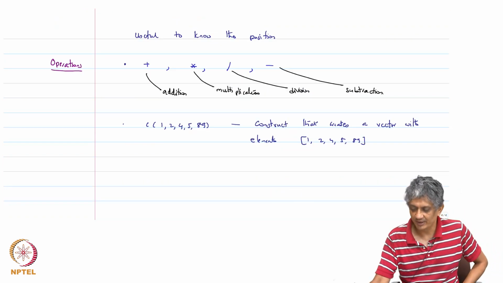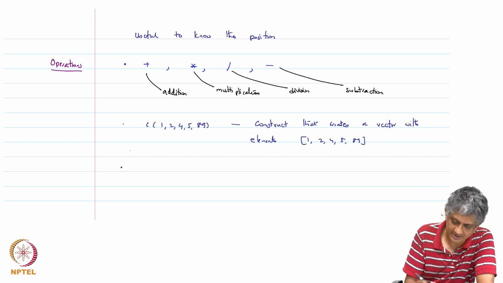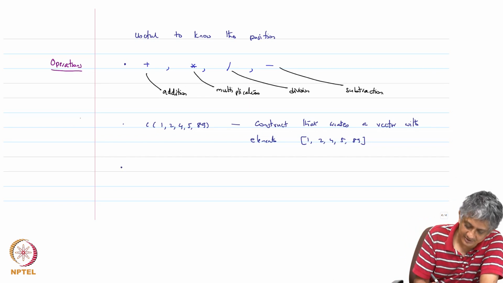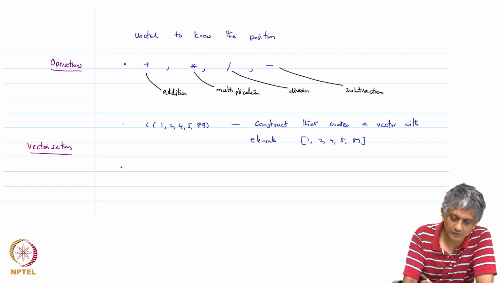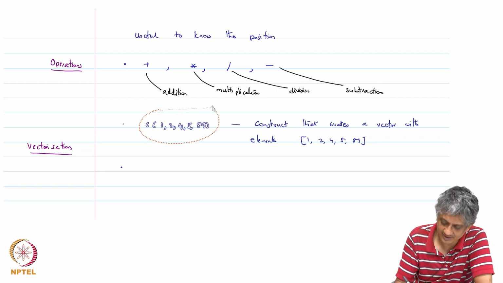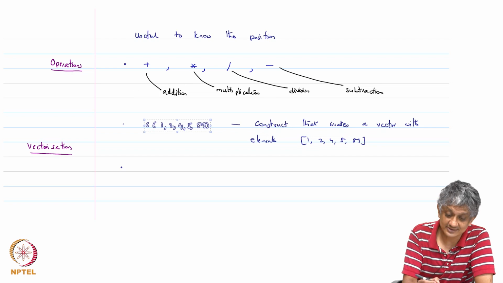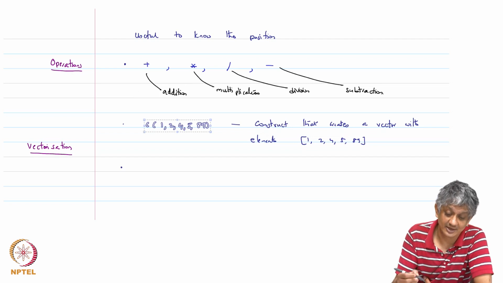Then we can also do the following. R uses this tool called vectorization. By this I mean that if you go and square this vector, you will get the square of each element. It goes element by element.